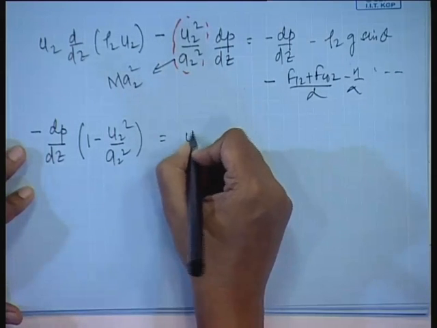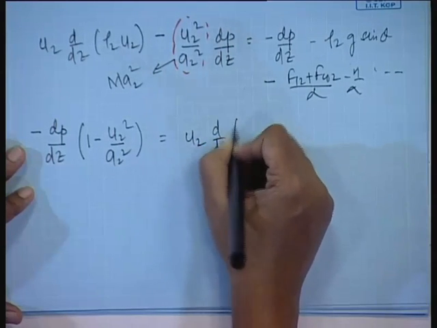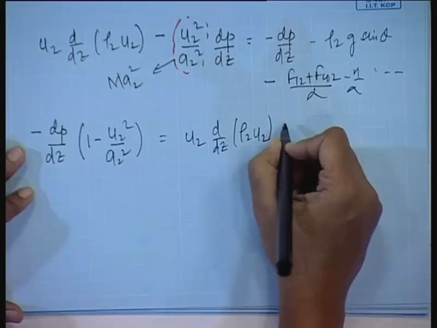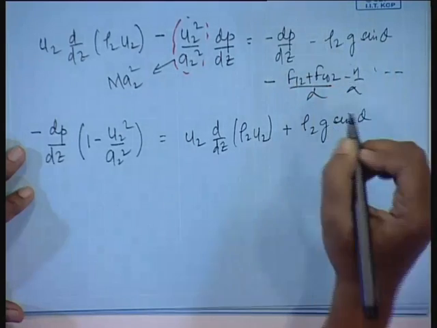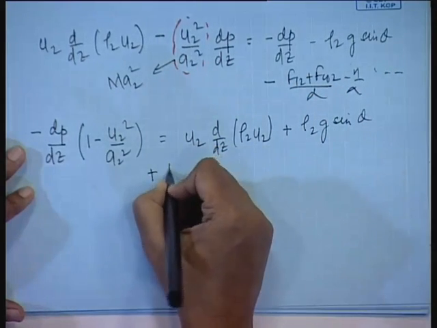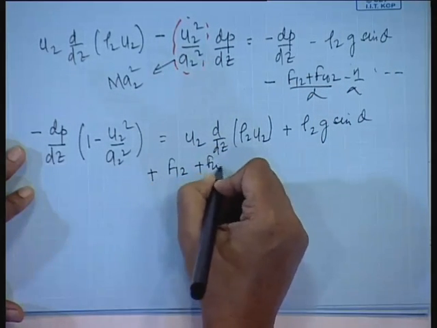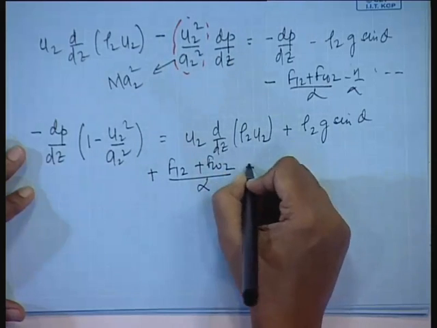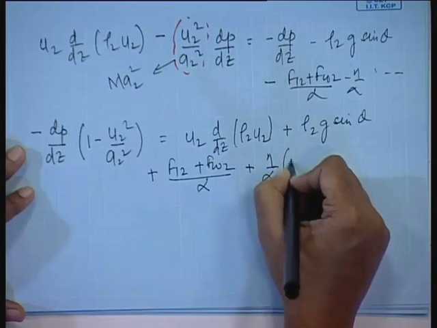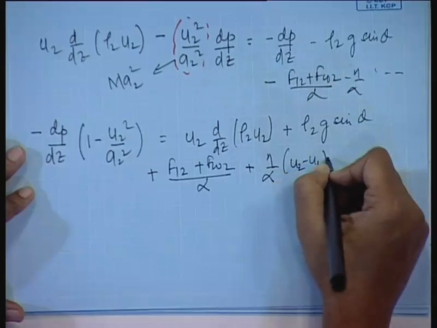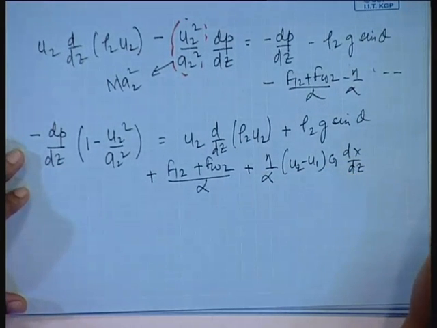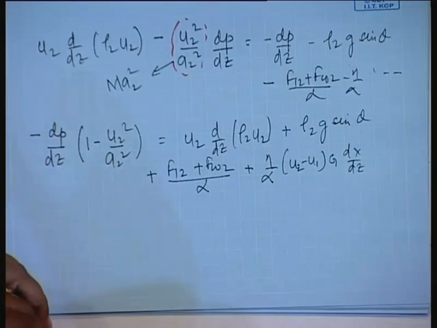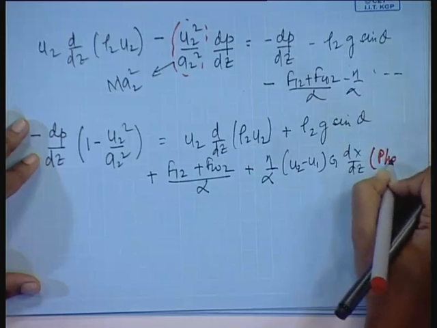So, this is equal to u2 d dz of rho 2 u2 plus rho 2 g sin theta, all the minuses here are going to get plus f12 plus fw2 by alpha plus eta by alpha u2 minus u1 g dx dz. Can I do this, yes or no? This I did for phase 2.